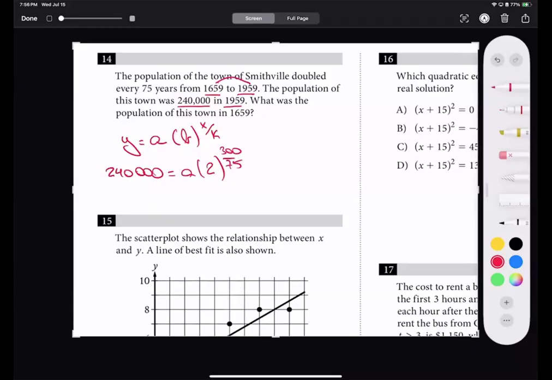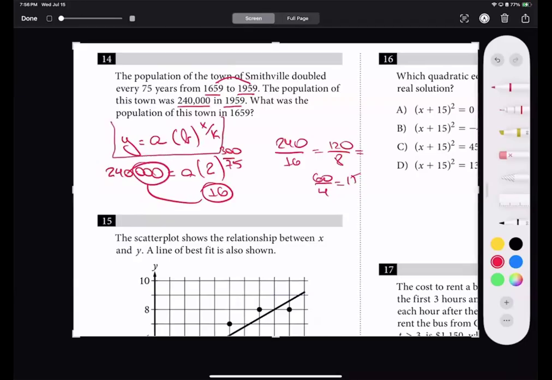So you can calculate: this is 2 to the power of 4, that is 16. 240 divided by 16 is 120 divided by 8, 60 divided by 4, that is the famous 15 with 3 zeros. So you can do it through compound interest, the same principle.